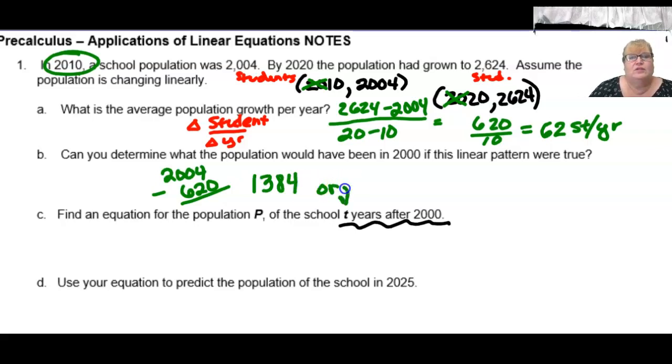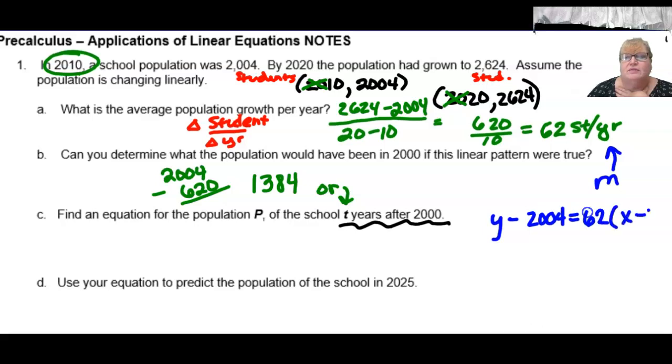Or we could have gone directly to the equation, and we could have put in one of these ordered pairs and this, which we just found to be the slope. So we could have said y minus, let's see, we'll use the 2004, equals the slope of 62 times x minus 10. And again, that is using this point up here and our slope right here.